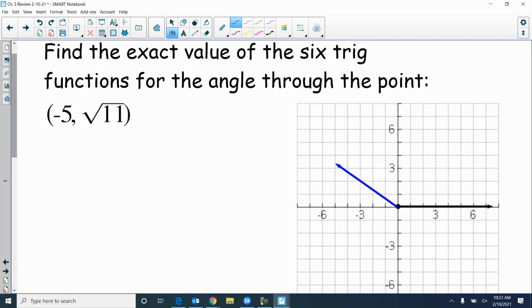So -5, square root 11. I got it pretty close there. If you want to drop that down, this would be your -5, and this would be square root of 11. You're going to need to figure out that R value. It's not 1. It does not have to be 1. All right, go ahead and figure out that R value.